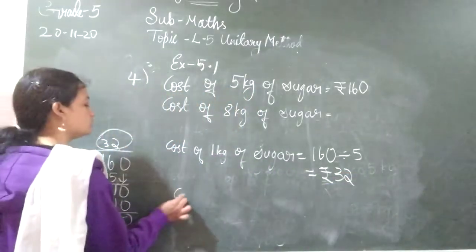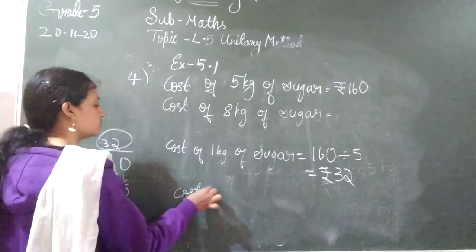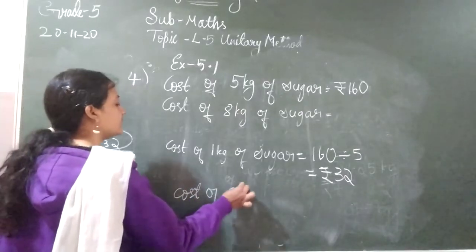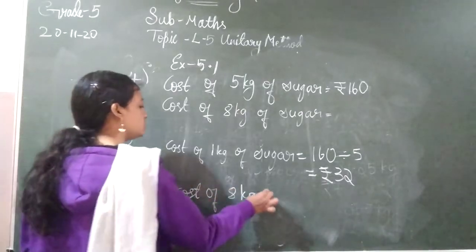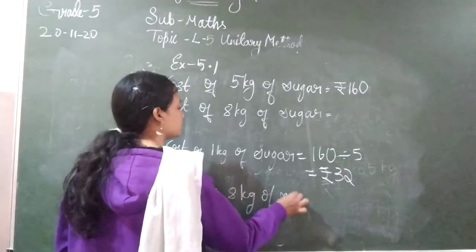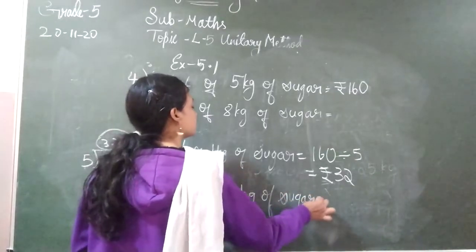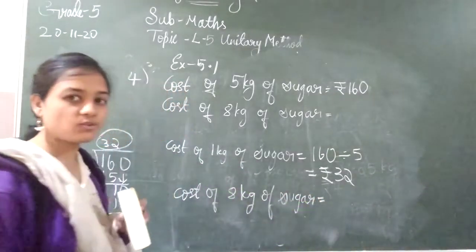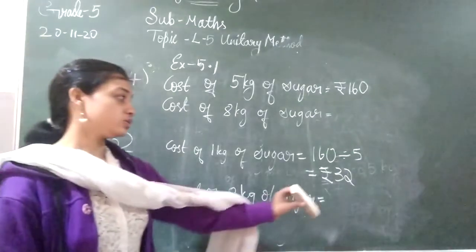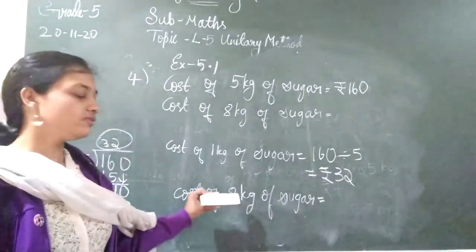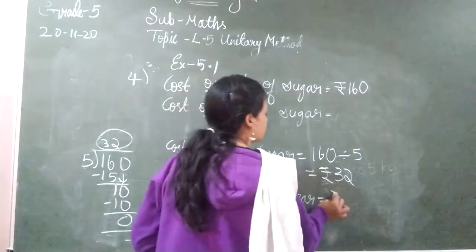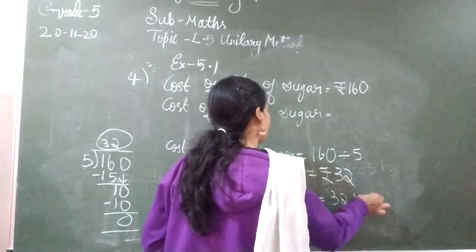Now find the cost for 8 kg. Cost of 8 kg of sugar. So what should we do now? Multiply the cost of 1 kg with the number of kgs. 32 and 8.